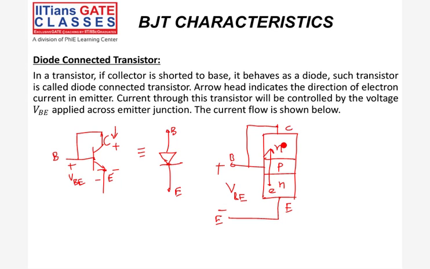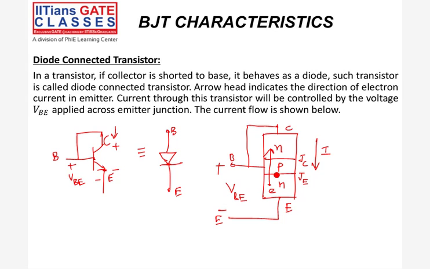This is the electron movement direction. This junction is the collector junction, and this junction is the emitter junction. These two junctions we have. The current direction will definitely be downward. Electron movement is upward.